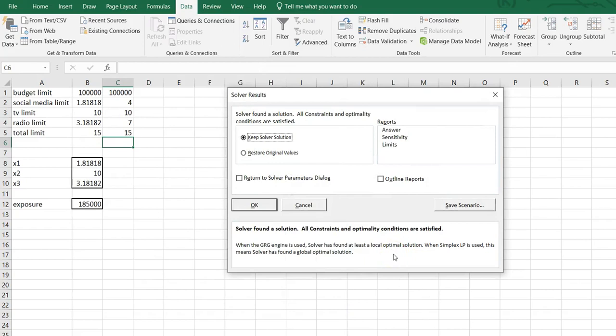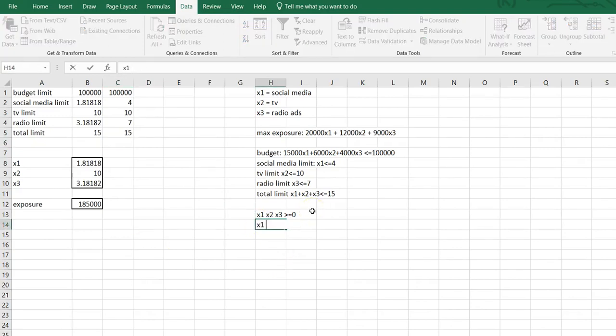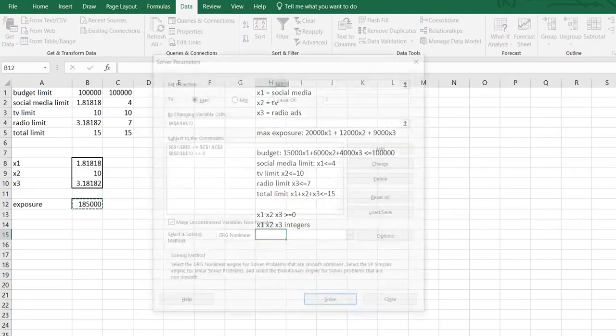Now you see how we got decimals? We haven't talked about this yet, but we need to think about the real world, where we can't make part of a TV ad or part of a radio ad. So there's a special constraint that we're going to add. X1, X2, X3 need to be integers. We're going to add that in our Solver.